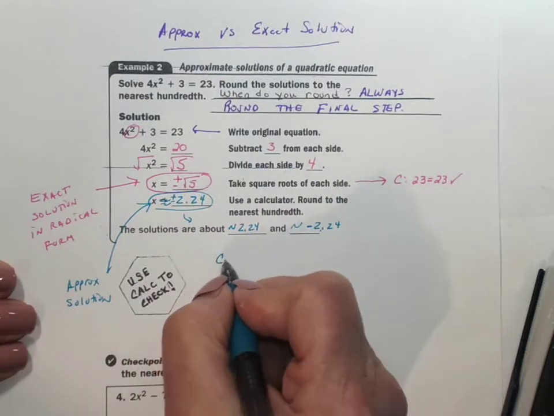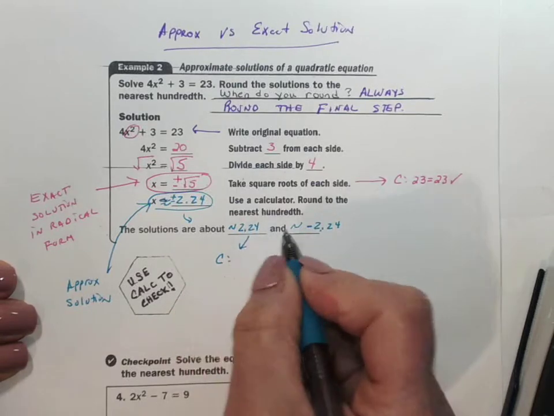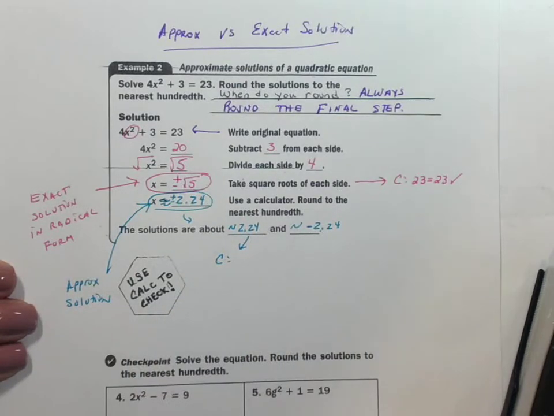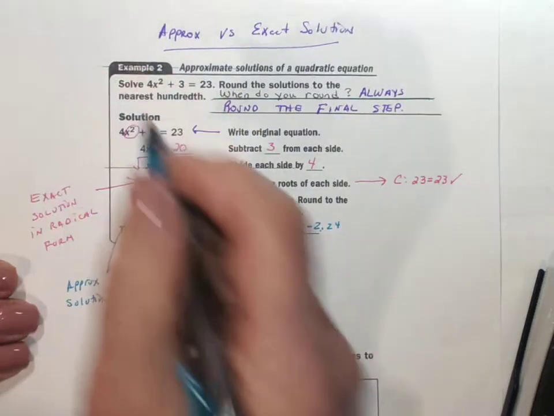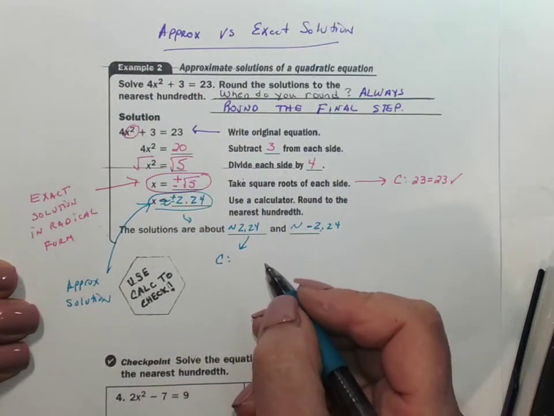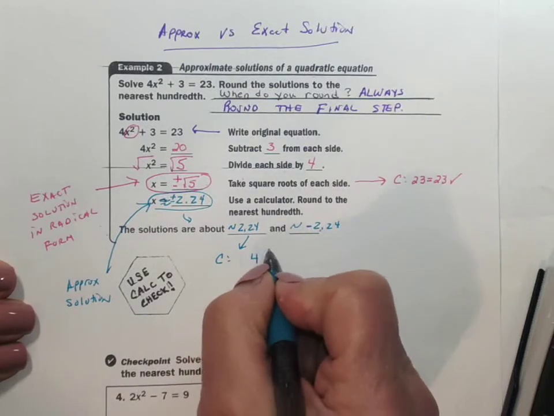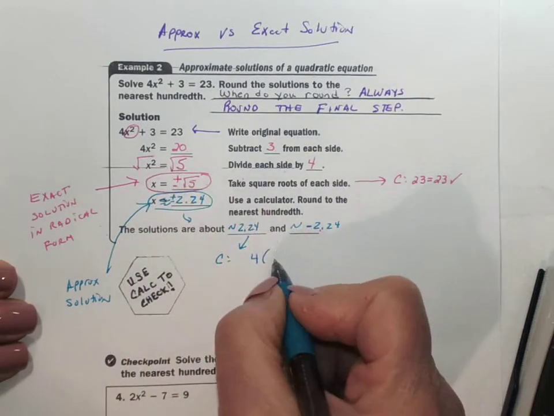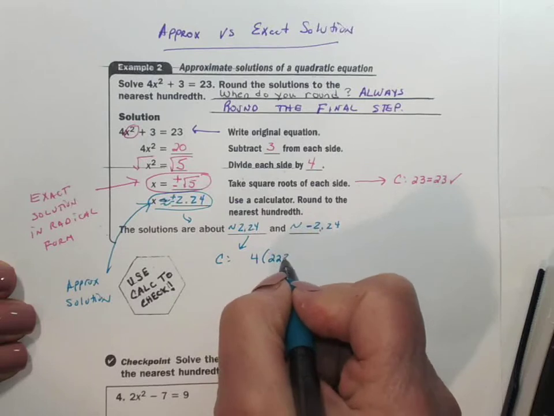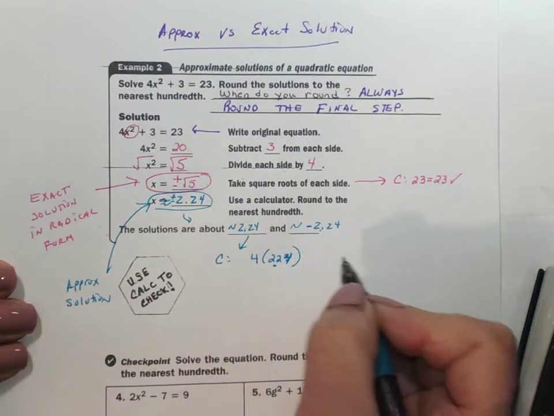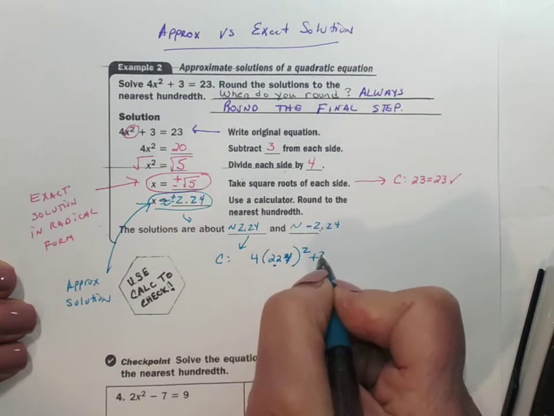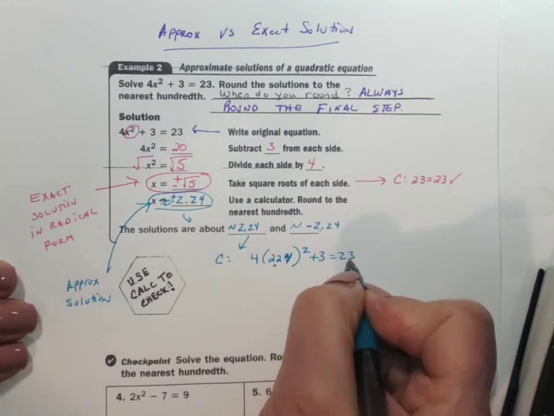I want to check at least one of these answers, to make sure I haven't made any mistake. You're going to check it in the original equation. So 4, and I'm going to put 2.24 squared plus 3 equals 23.